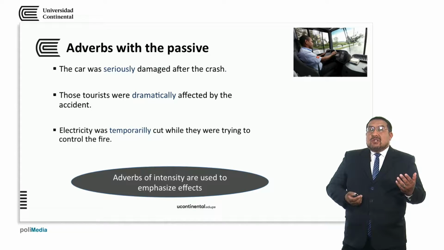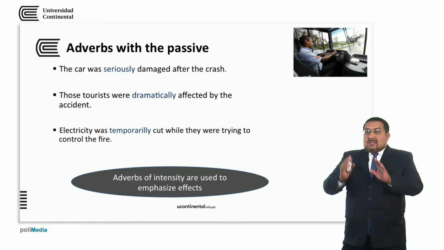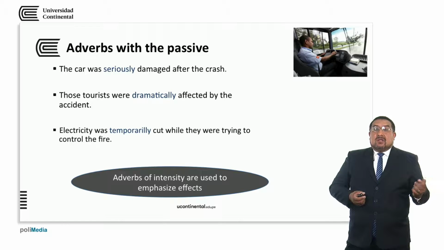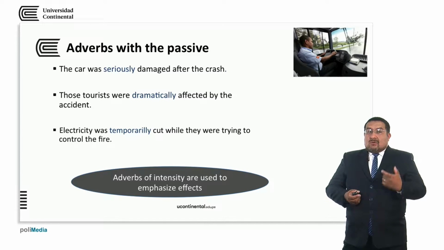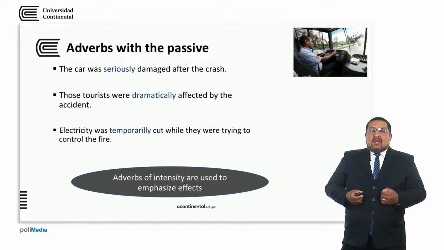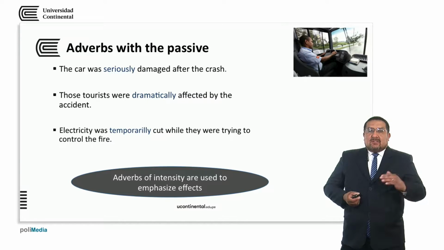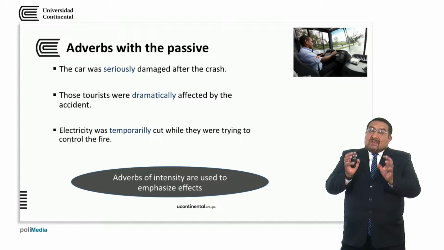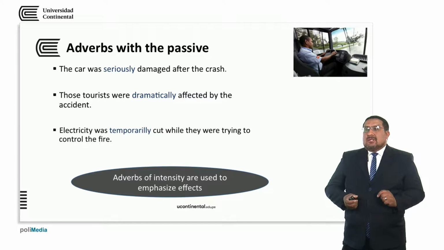So the car was seriously damaged. It was not only damaged, but it was seriously damaged. Remember, these adverbs, seriously, dramatically, temporarily, importantly, perfectly, are intensity adverbs that give us a better idea of how the effect was on the object.